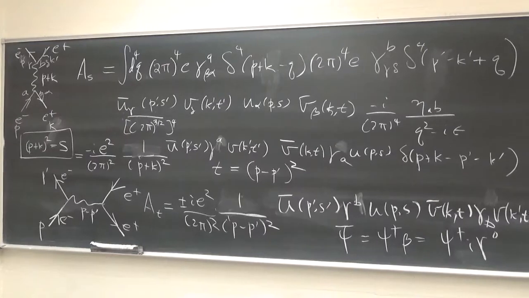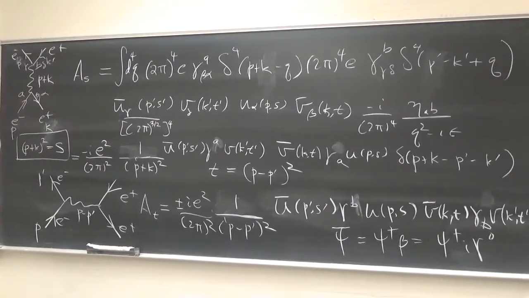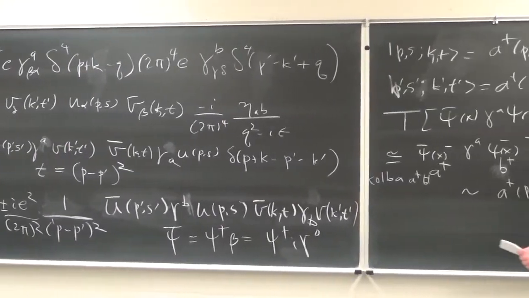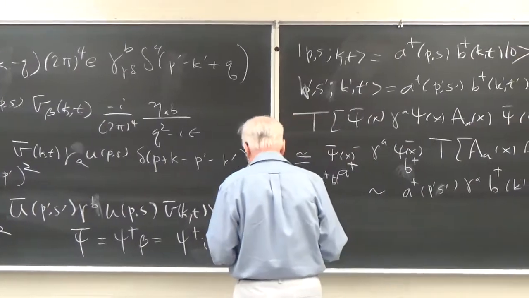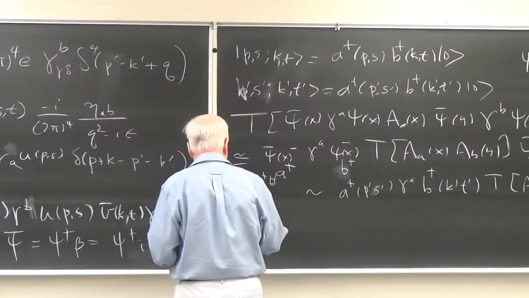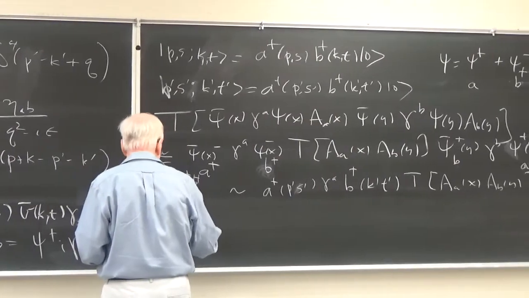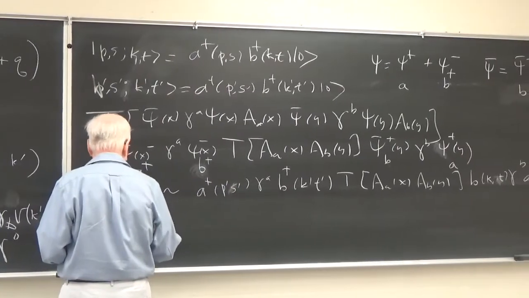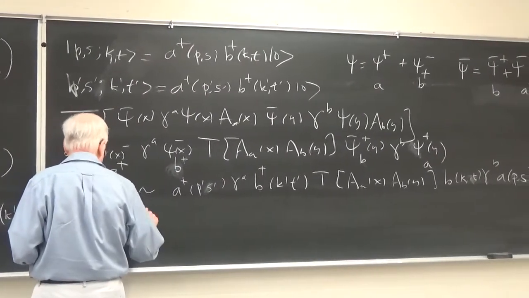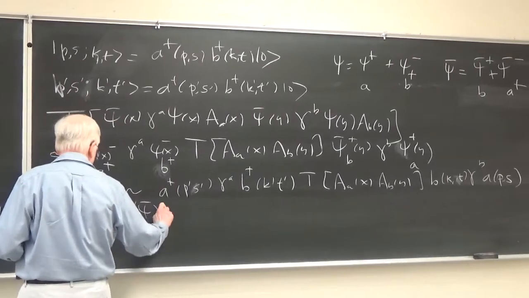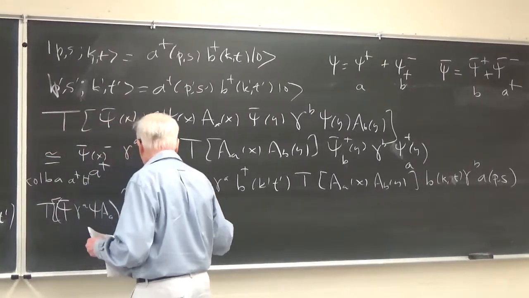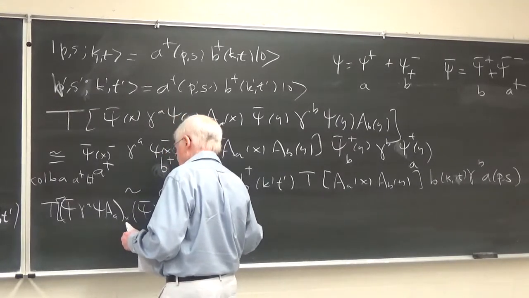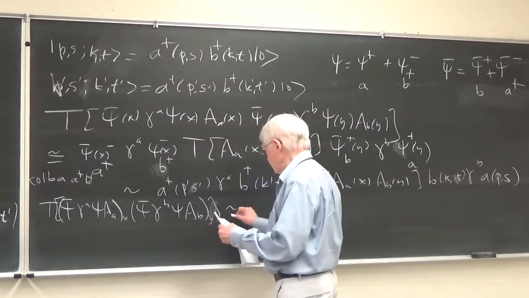Okay. Now let's do the exchange diagram, and this is an important lesson. So what we have once again is the time-ordered product of psi bar, gamma A, psi, A_a, all this at x, psi bar, gamma B, psi, A_b, all of that at y.